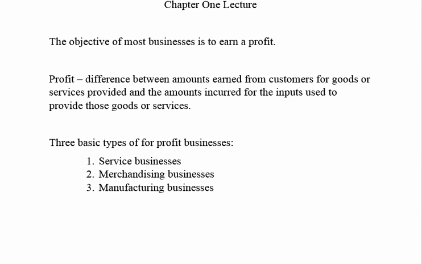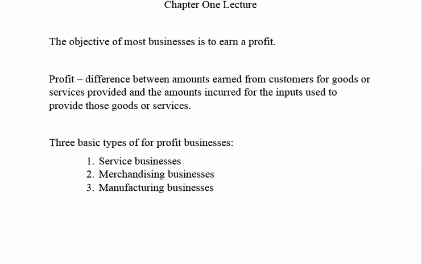Now, merchandising businesses, instead of providing a service, sell goods to customers. They don't make a product. They generally buy a product from a manufacturer or wholesaler and then sell that product to either a wholesale or retail customer. Wholesale being a business-to-business sale, retail being a business to the final customer sale.